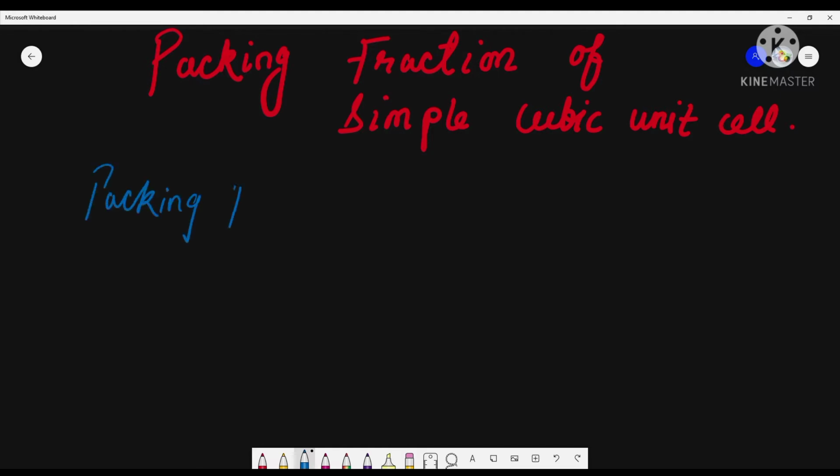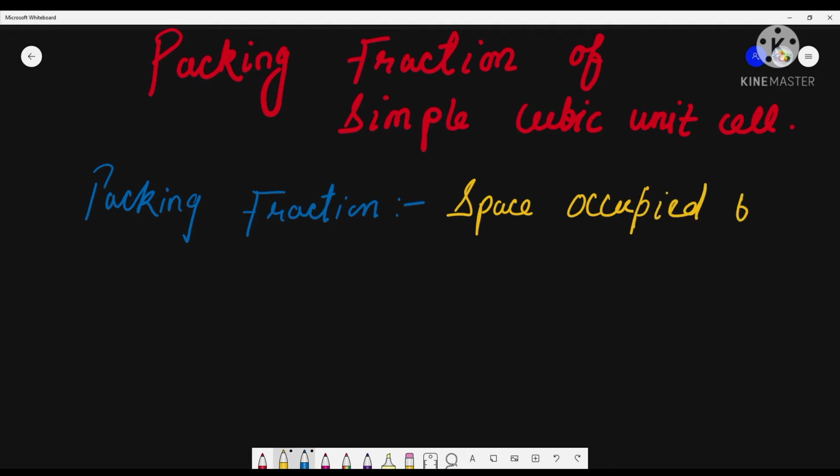Packing fraction is basically the space occupied by the atoms in a unit cell.